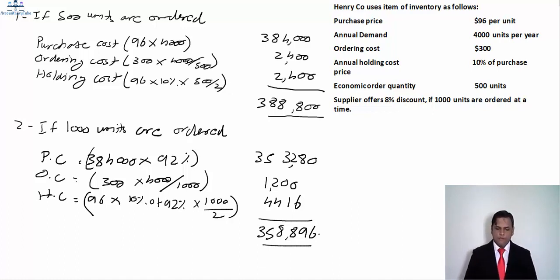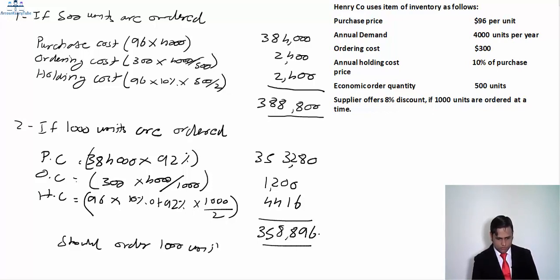So quite a bit of difference over here, around $24,000 difference in cost. So it's obvious that we will be going with that discount in this example. So the Henrico should order 1,000 units and obtain discount.